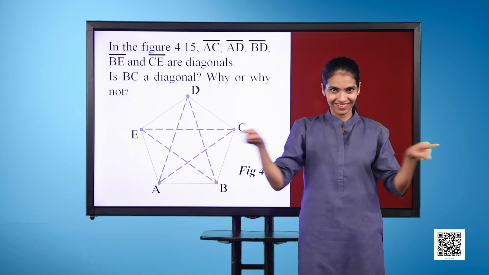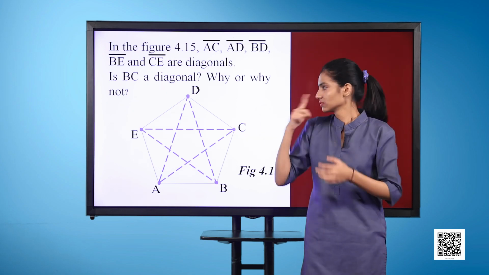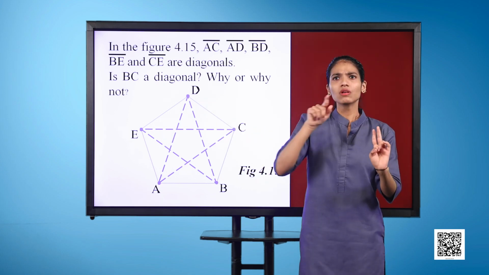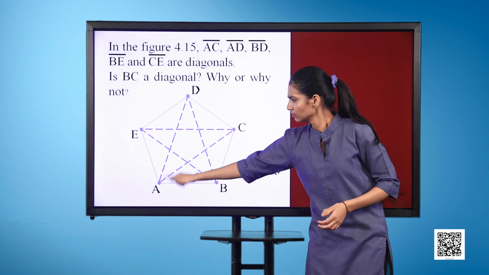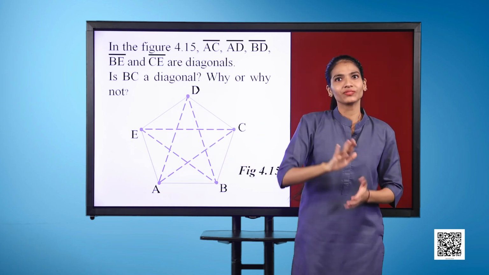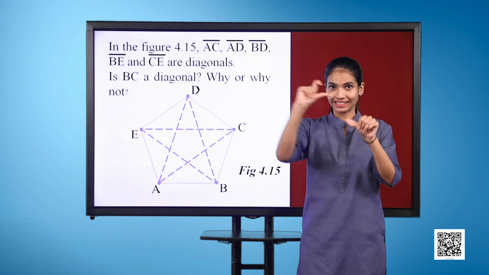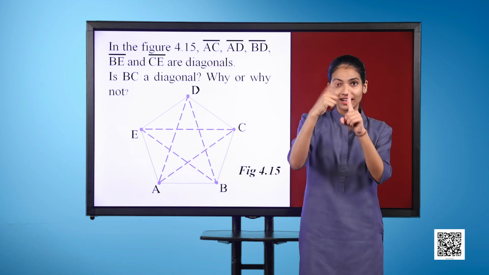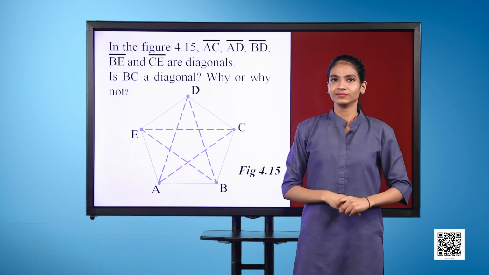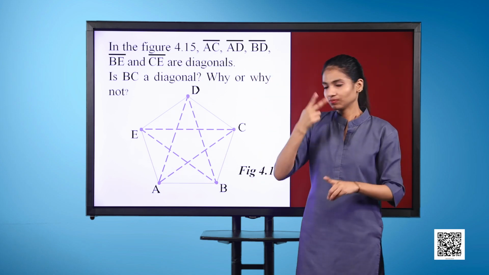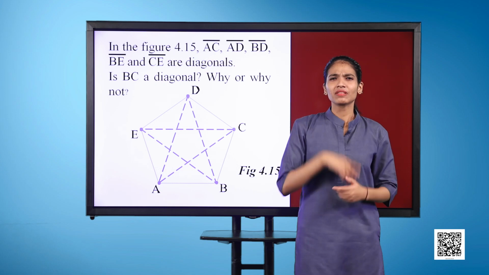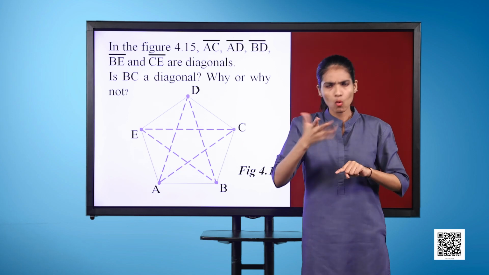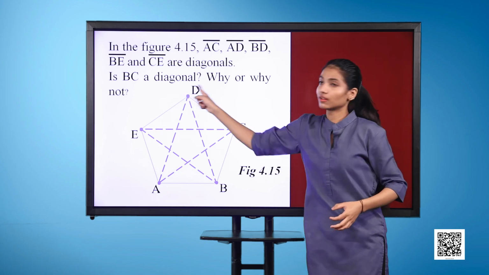In figure 4.15, AC, AD, BD, BE and CE are diagonals. Is BC a diagonal? Why? Or why not?